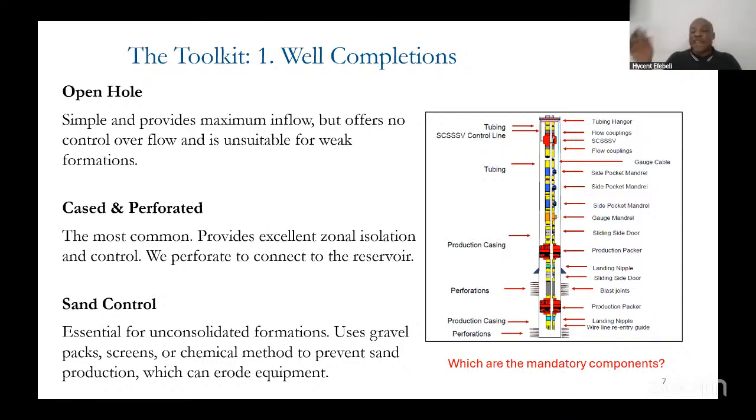For every well, you need your tubing, you need some accessories like packers, you need a way of circulation, a sliding side door for circulation. Then you may also need mandrels to enable you to install your gas lift valves. So these are some components that you need.